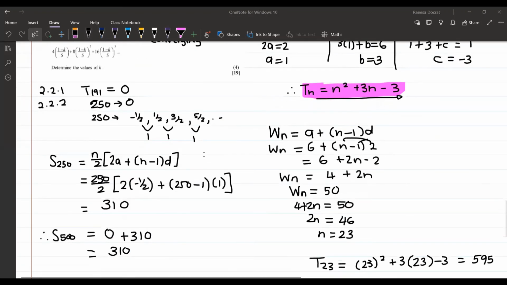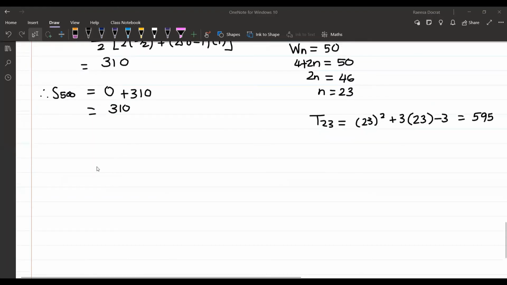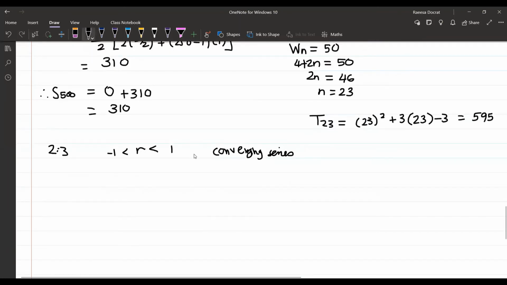So if it's a converging pattern, we know our ratio for 2.3 should be between minus 1 and 1 for a converging series. Our common ratio is T2 divided by T1, for example.